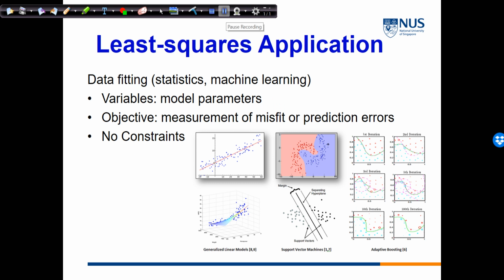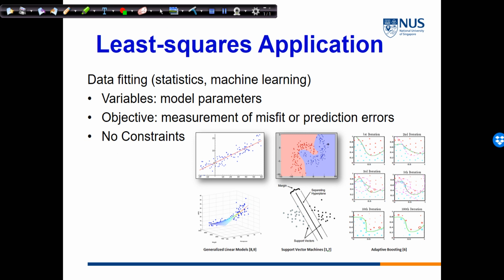This type of formulation has broad applications in data fitting, as nowadays we see data is a new currency. Whenever you have data, you're able to make a lot of analysis through statistics and machine learning methods.